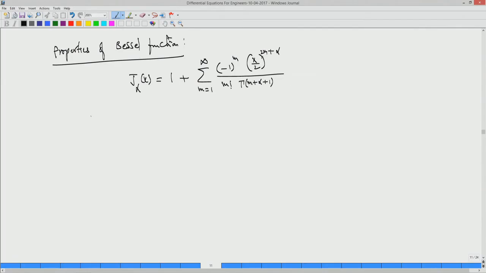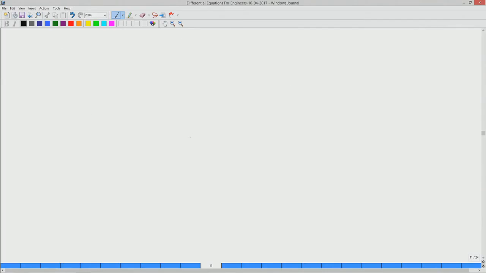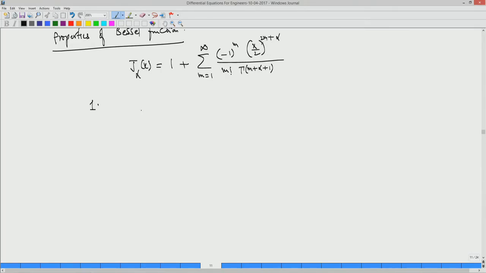If you differentiate, x power alpha here, so we can combine it and say that m is from 0. When you have m equal to 0, what you have is simply x power 2 alpha, divided by m factorial gamma of m plus alpha plus 1.